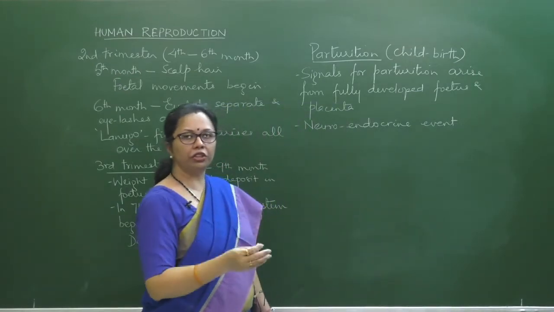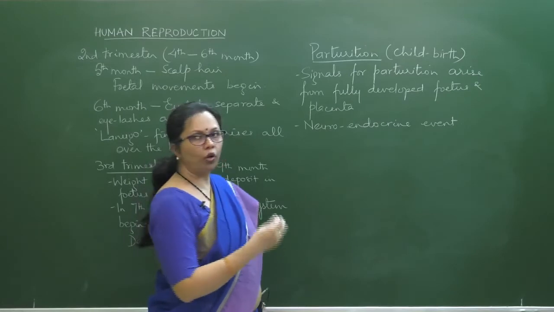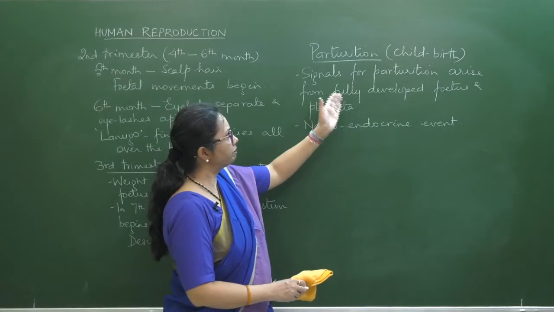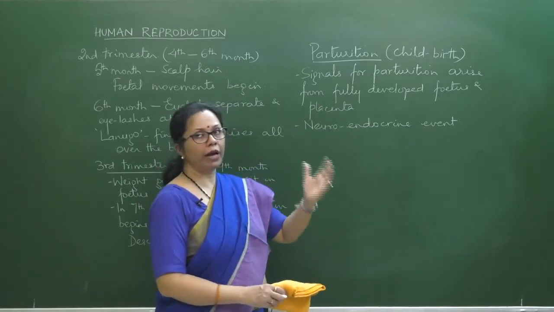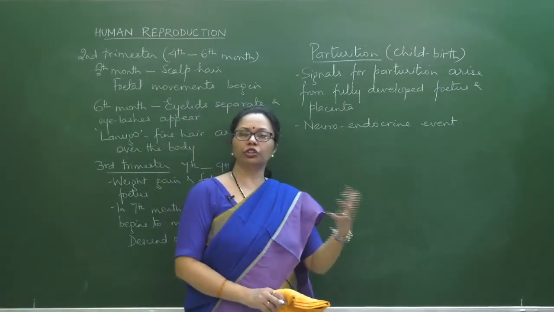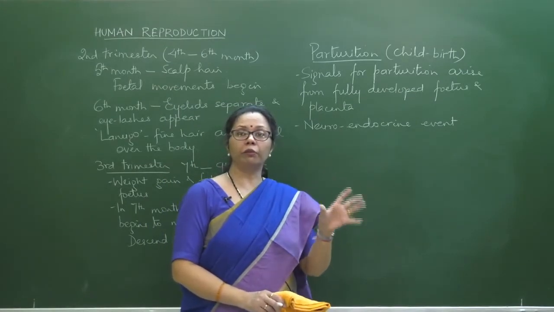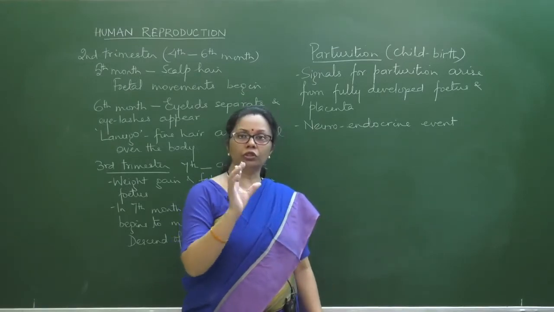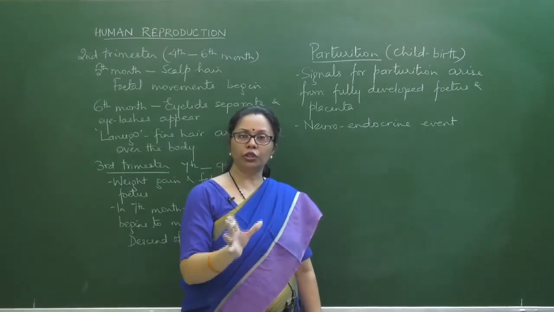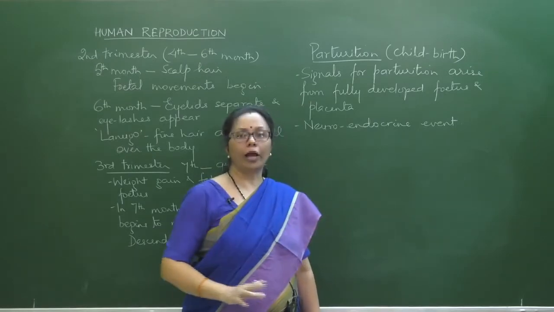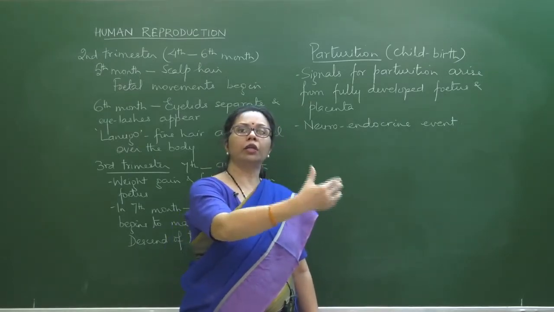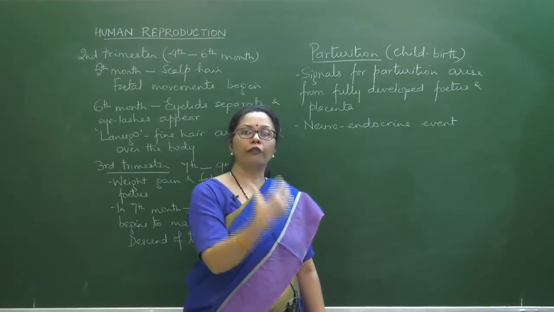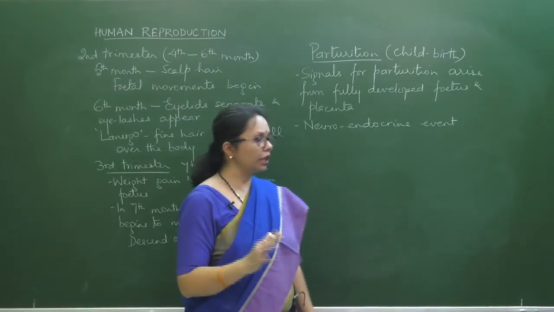What is happening in the fetus, what's happening in the placenta, and what's happening in the mother. Finally, the mother's pituitary will be stimulated to release oxytocin. I hope everybody remembers, because somebody had asked me the difference between synthesis and release. Synthesis of oxytocin occurs in the hypothalamus. From the nerve endings, it gets stored in the posterior pituitary, and from there oxytocin is released. Fine.